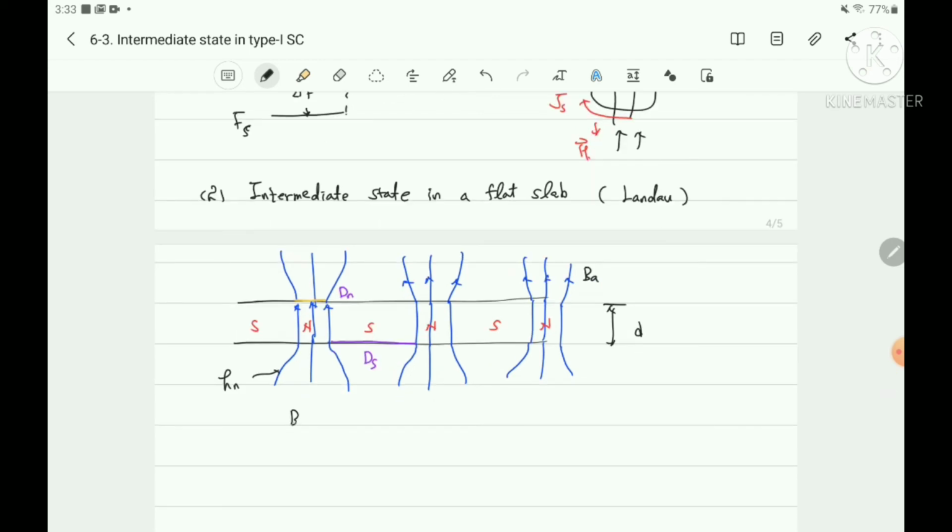Assume that the magnetic field Ba is fixed at an average value, and also H equals 0 in the superconducting region.